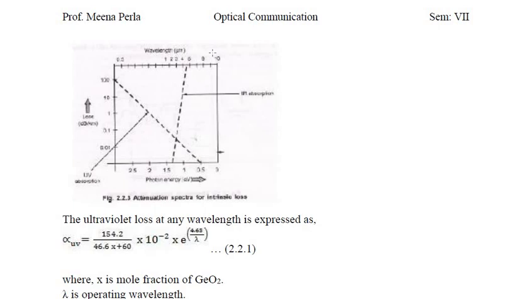And this is wavelength. So this region after 1.5 and the wavelength of 5 is showing IR absorption, and this region is showing UV absorption.